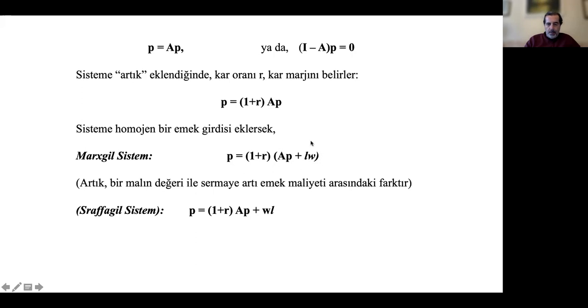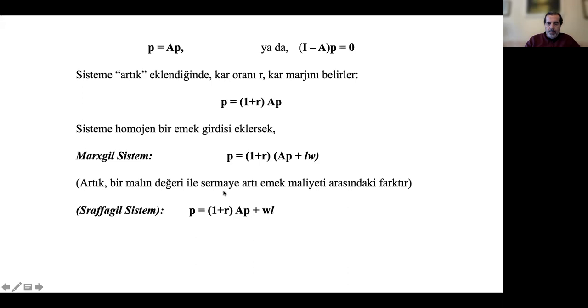So this is the Marxian system. But for the Sraffian system, the total input costs of production are distinguished from the labor cost in general. What is the difference? The difference here is about the distribution of income, basically.